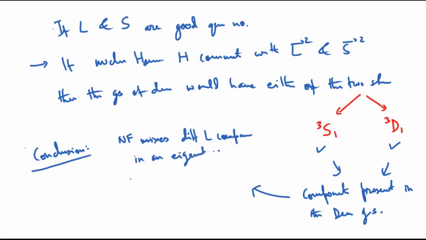That is, the commutator of H and L square is not equal to 0.